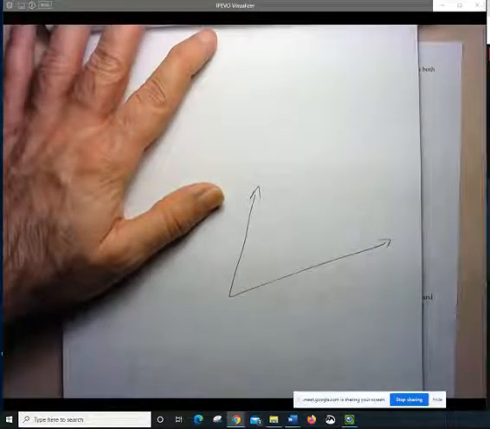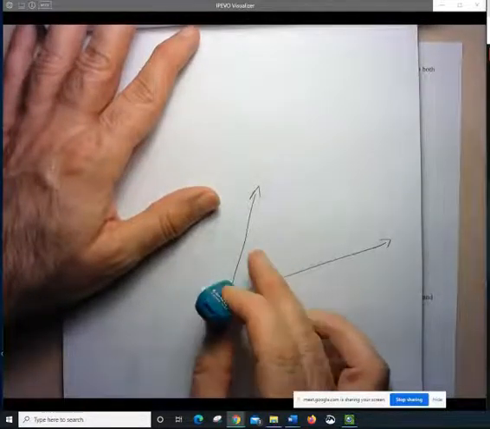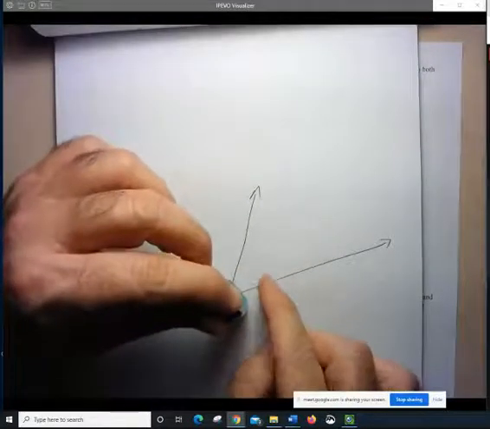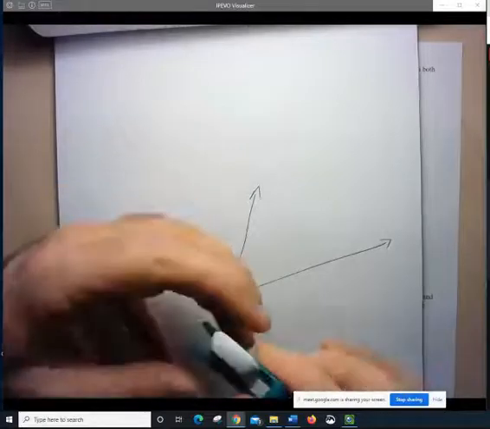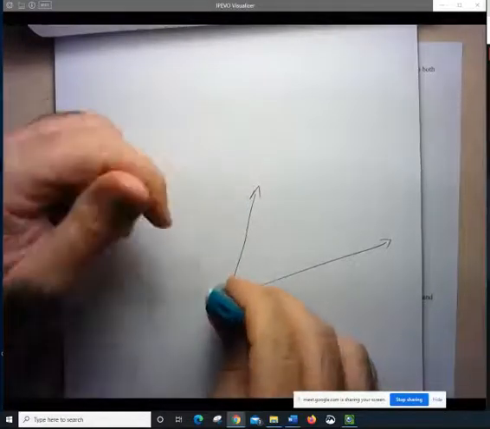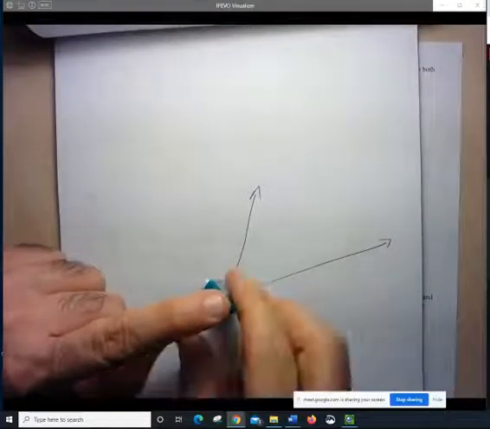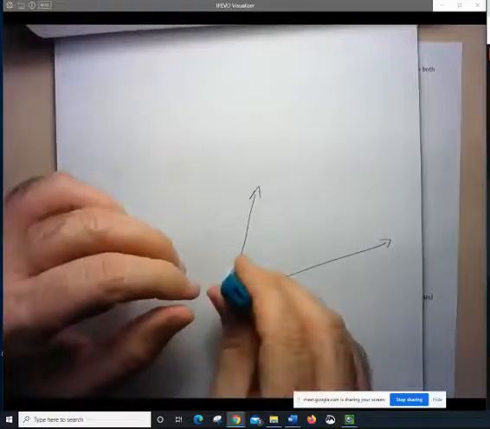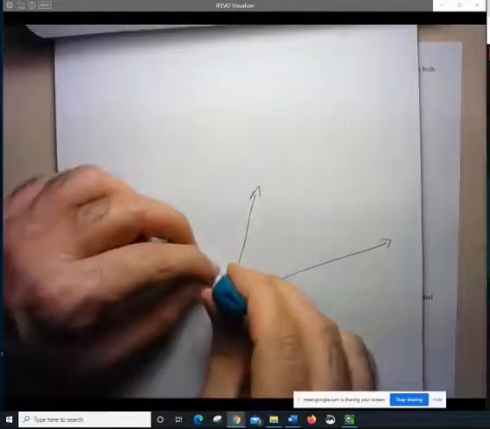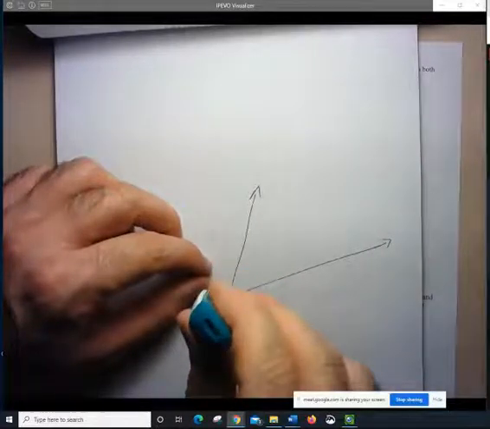This vector is perpendicular to both of these two, 90 degrees, 90 degrees. Well, what if I take this vector? Is that also perpendicular to both? One is shorter than the other, but they're both in the same direction. So any vector that's parallel to that vector will also be perpendicular.